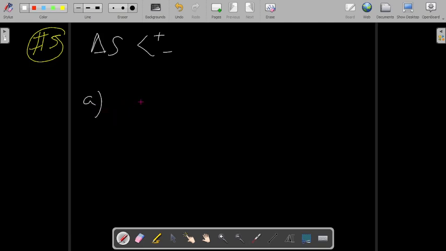I'm going to do A, and I'm not going to write it down because that would take too long. Aqueous, liquid, gas, and then it becomes aqueous plus another aqueous. Okay, let's look at these. Aqueous kind of cancel each other. Then a liquid. Okay, this is more organized than gas, but here's a gas.